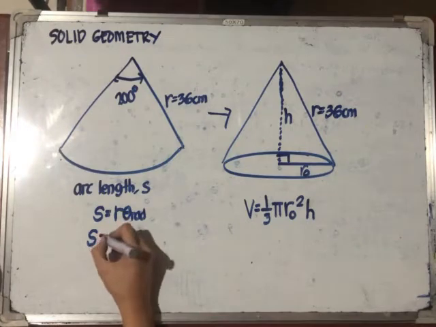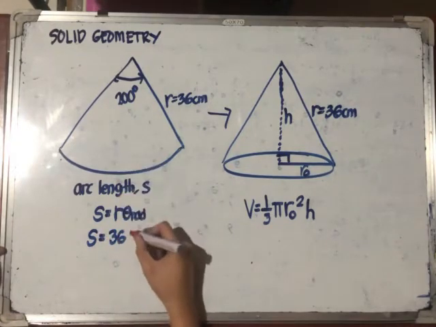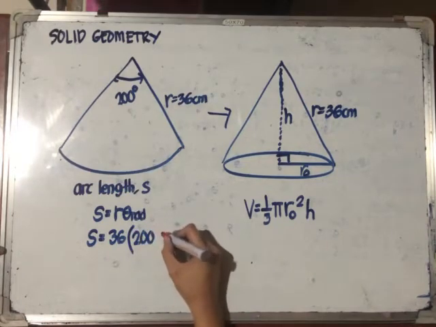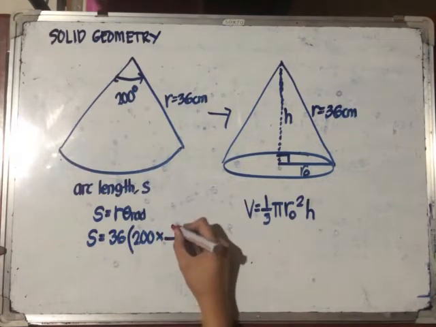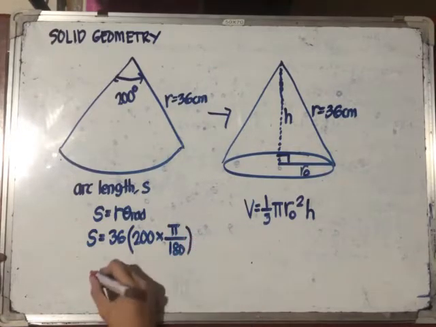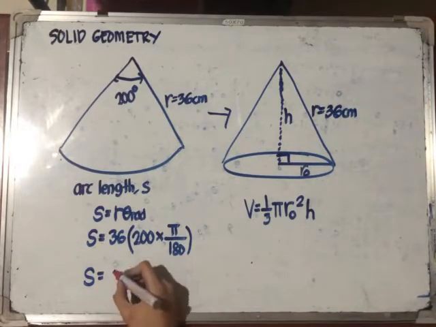So, computing that S would give you 36 na r natin dito times 200. I-convert natin si 200 ngayon into radians. That would be pi over 180. So, S mo ngayon, your arc length would be 36 times 200 times pi over 180. That would give you 40 pi.